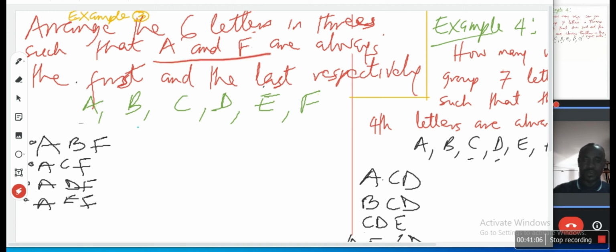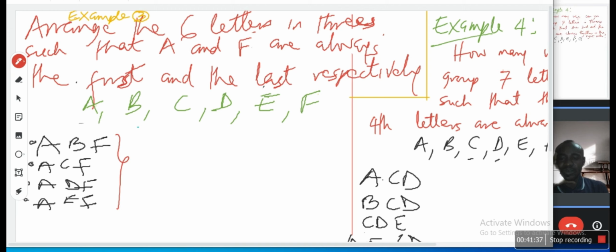There are no conditions, but here it's already stated that A and F must appear in the first and last, respectively. So you can't start with F or anything apart from A. There are only 4 ways to do this.